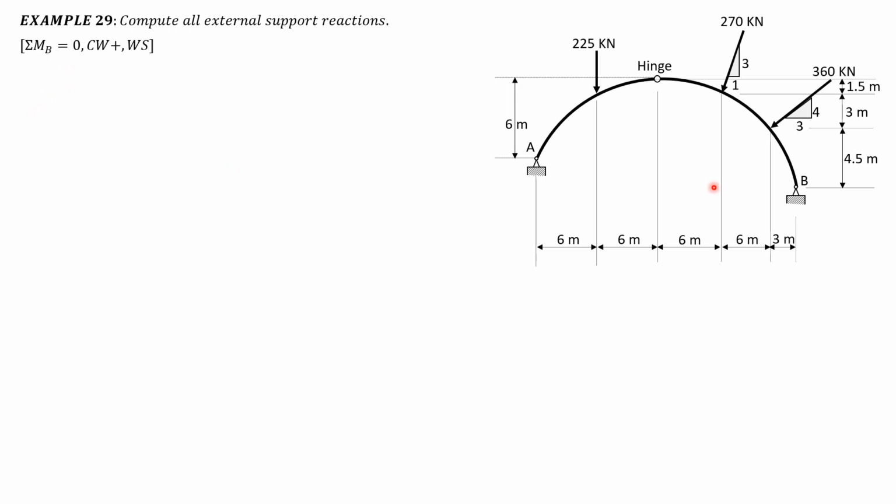summation of moment about B, clockwise as positive. Let's call the reactions VA and V sub B at A and B, and the horizontal reactions HA and H sub B respectively.